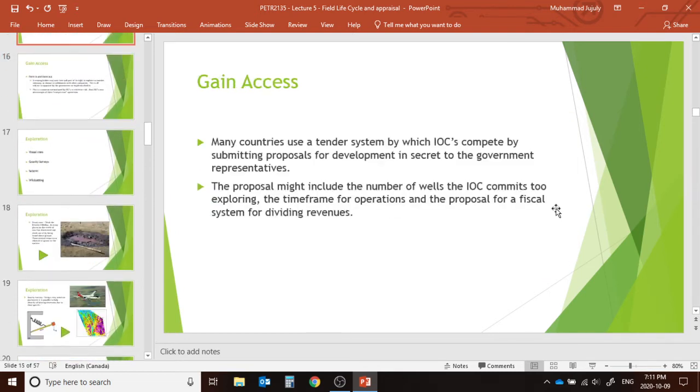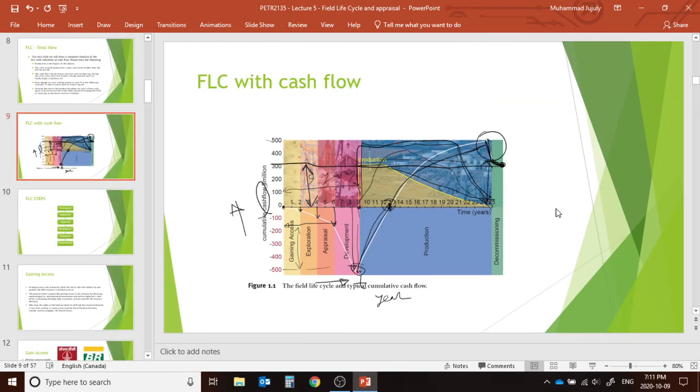You see in here, you remember this curve. At this point we just invest more and more money for the development, the maximum money we actually put for the development. This appraisal actually gave us more idea of how much money we should invest for the development.